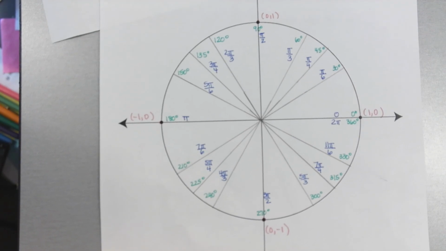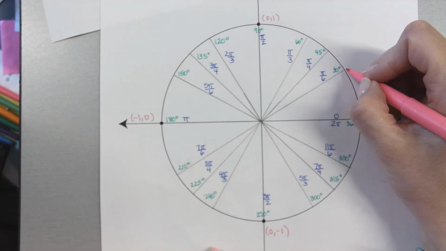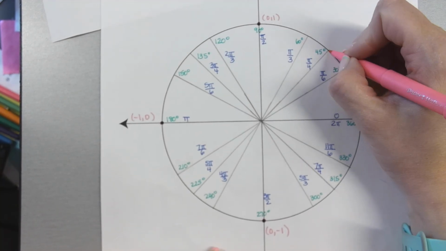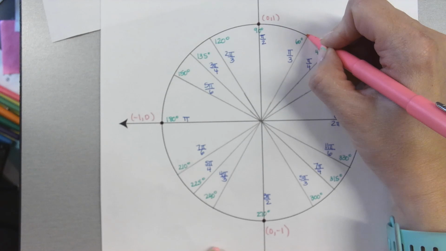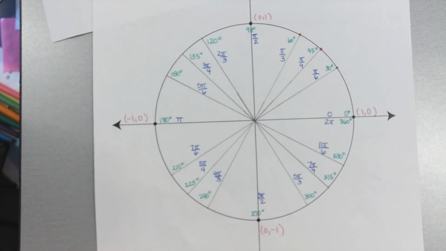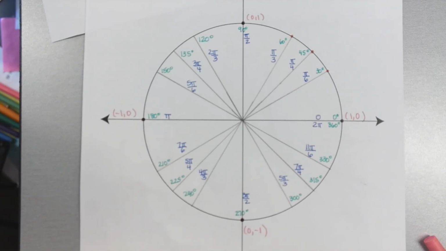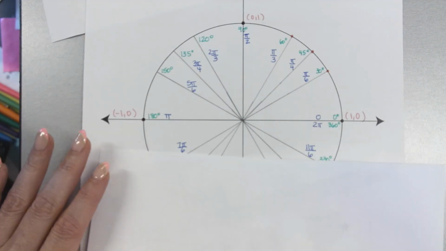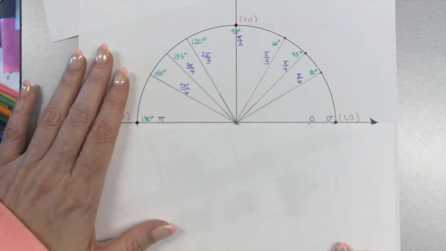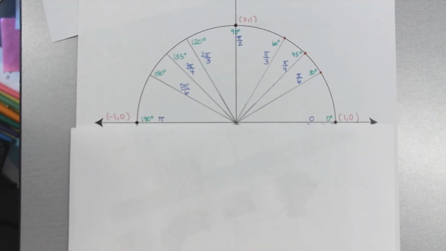Okay, so each one of these places that we have written down has a special point on the unit circle. I'm going to show you where these points come from, and then we're going to write them in together for quadrant 1. So you don't have to draw this. I just want you to pay attention with me. So we measured this angle here to be 30 degrees.